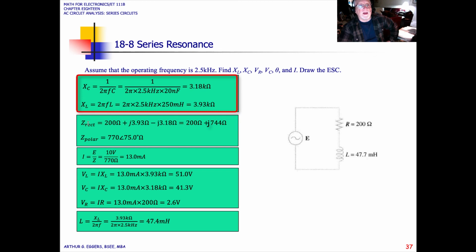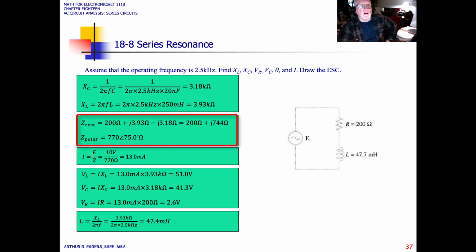So when we put that in the equation for rectangular form, we end up with a component on the imaginary axis, on the j-axis. So when we solve 200 ohms plus J744 ohms, we get 770 at an angle of 75 degrees.